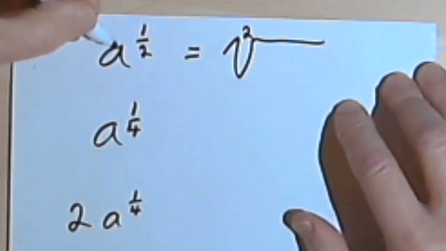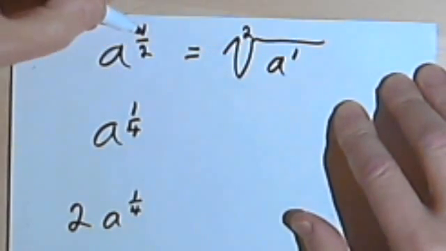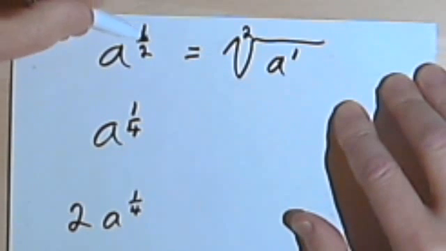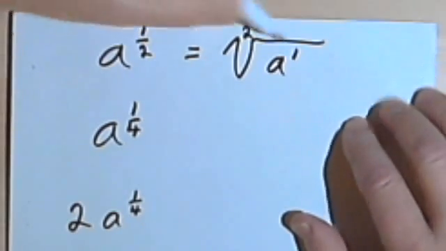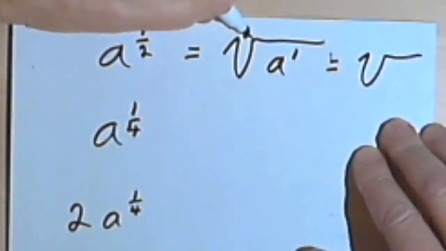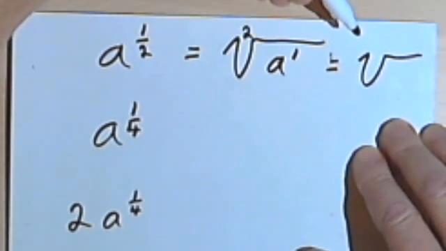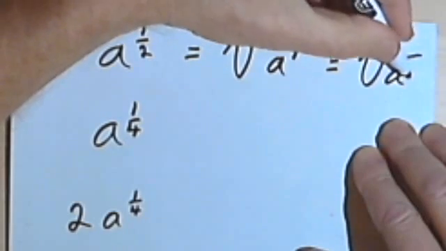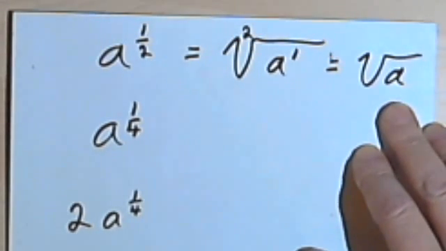And then underneath the radical sign, we're going to have an a, and that's an a to the first power since the numerator of my exponent is a 1. Like I said, we can skip the index, the 2, since the radical sign without an index means square root. And we don't have to have the exponent of 1. So we can just write that that equals the square root of a.